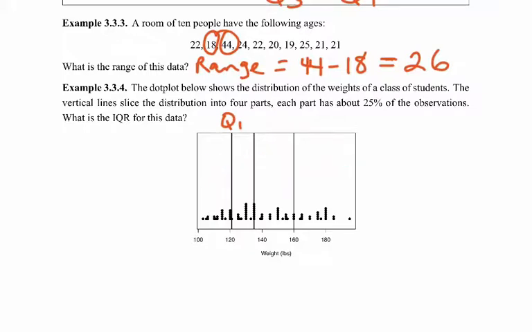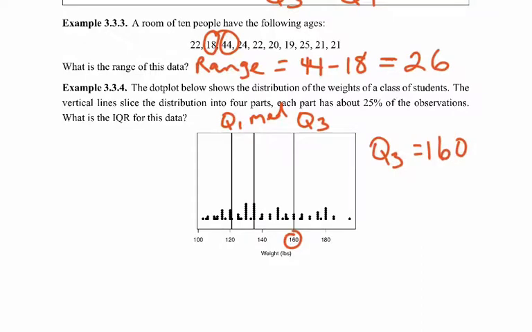Let me go ahead and label each of these. That's Q1. The next one would be Q2, but that we know is really the median, so I'm just going to write median. And then the last one here would be Q3. They're asking for the IQR for the data. It looks to me like Q3, if I'm looking at the dot plot correctly, would be down here at 160.